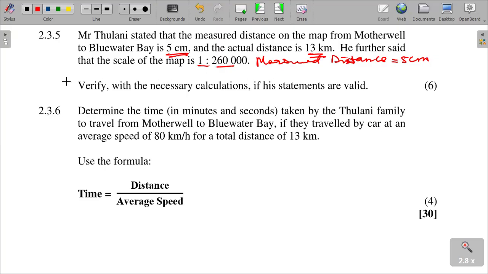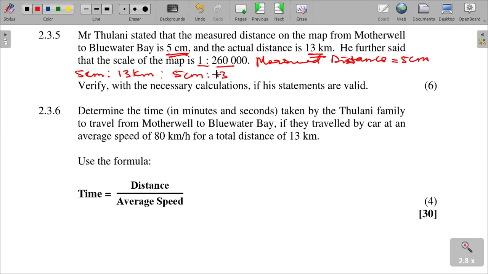We need to convert the 13 kilometers to centimeters.